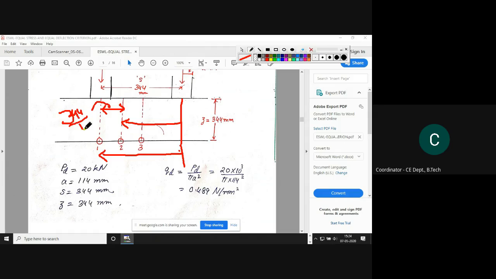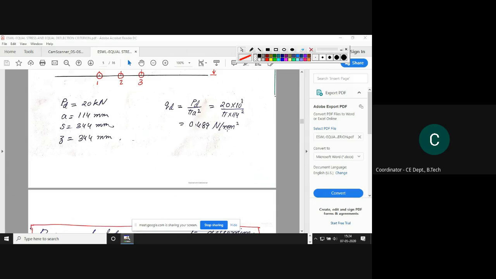So this distance will be 344 minus this value. And what is this distance? 344 by 2. So this way we will get different R values for different points from the right wheel, and the corresponding R by A values also.